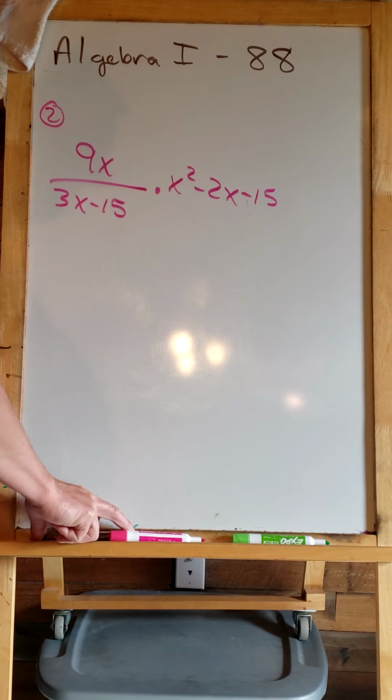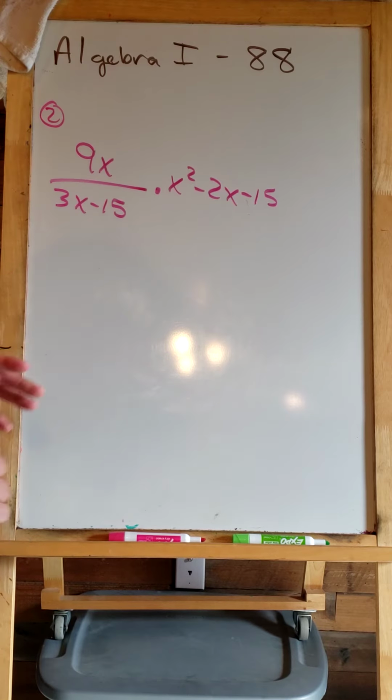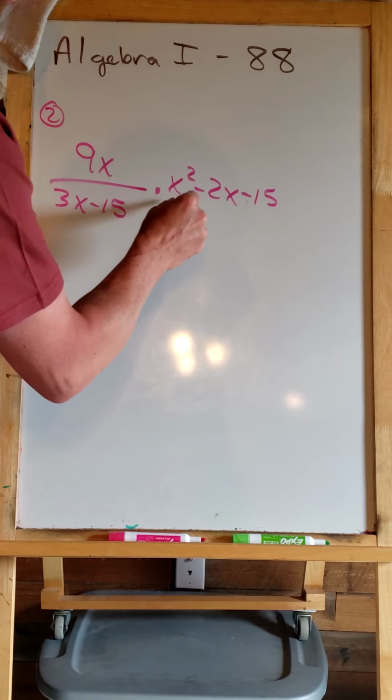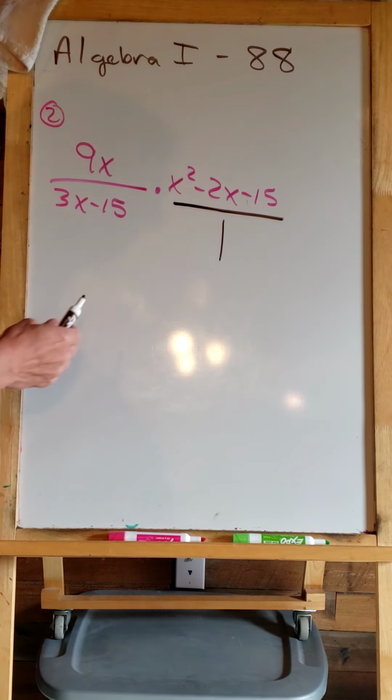Now, before you lose a gasket and you're going, what in the world are we doing? Start by doing this. Don't forget, just like multiplying whole numbers and fractions, whole number over 1.